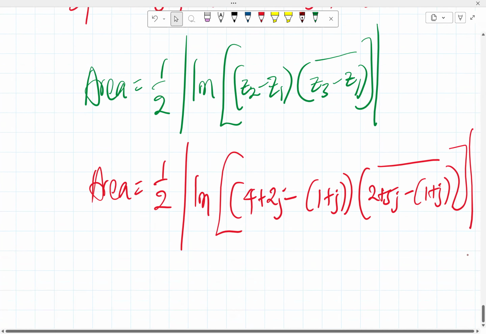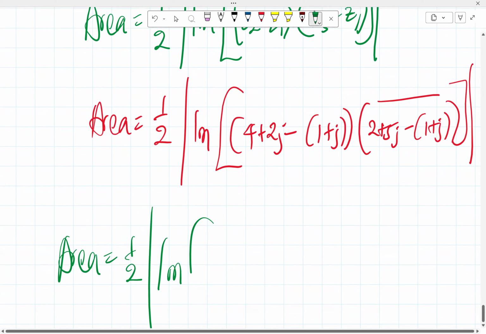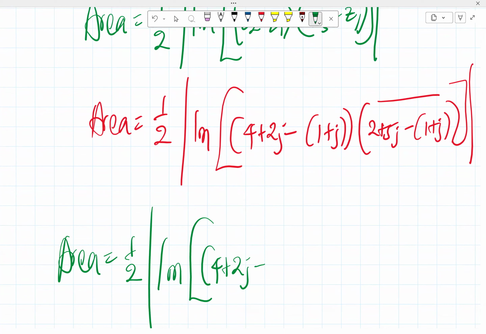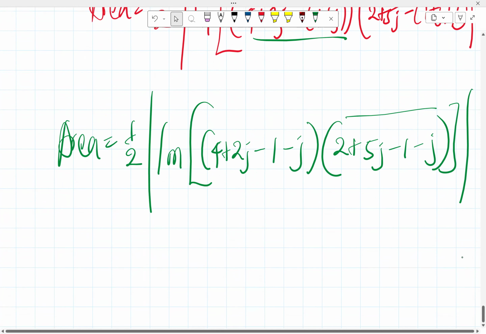Opening this up, we have 4 plus 2j minus 1 minus j, then 2 plus 5j minus 1 minus j, and the conjugate.